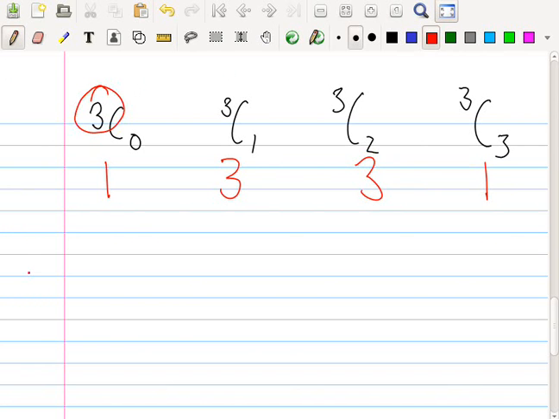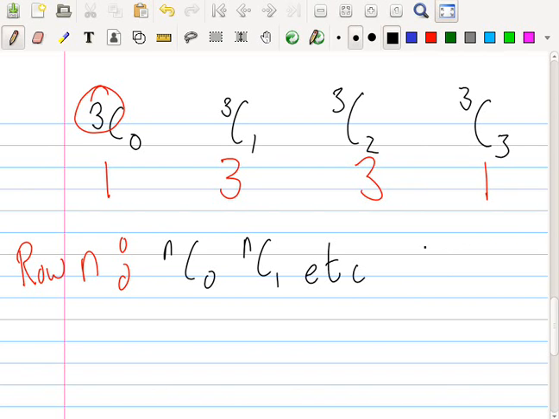So if you want row n, any row you like, you just go nC0, nC1, etc., all the way to the end, nCn. So let's do another one. Let's do row 2.